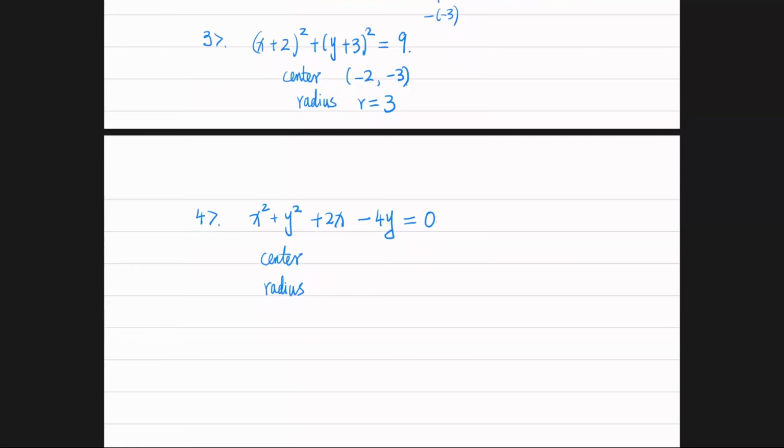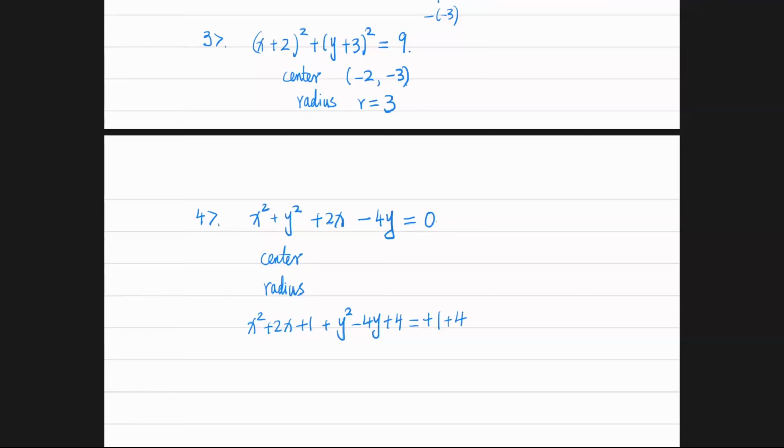What we do, we need to complete the square of x. Yeah, so that's basically just x plus 1 squared, and then let me think. Okay, see, Aaron mentioned we add 1 on both sides. Then y squared minus 4y. How do we complete this? Basically y minus 2 squared, so we then add 4.